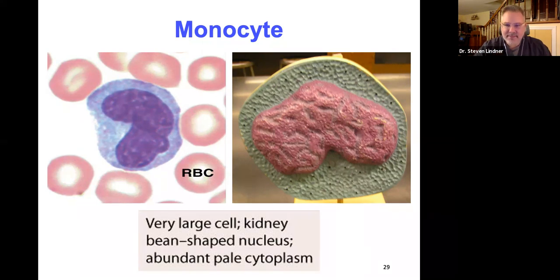It breaks it down. Macrophages have different names depending on the type of tissues you find them in. So if you have a monocyte that became a macrophage in the liver, it's called a Kupffer cell. If it's a monocyte that became a macrophage in the brain, it's called a microglial cell. If it's a monocyte that became a macrophage in the blood vessels to break down damaged cholesterol, they call that a foam cell.